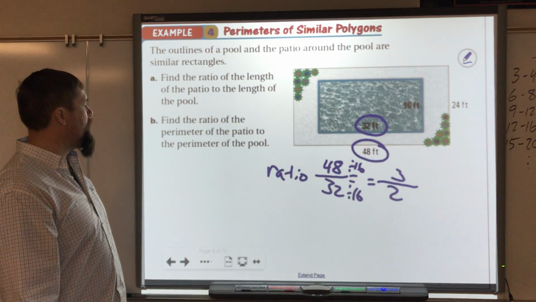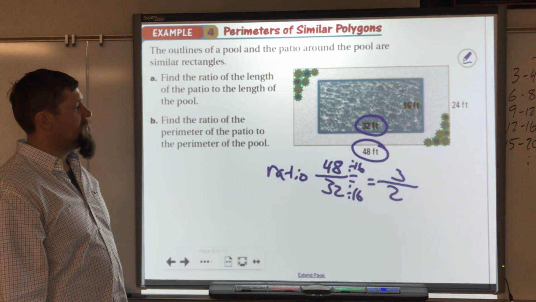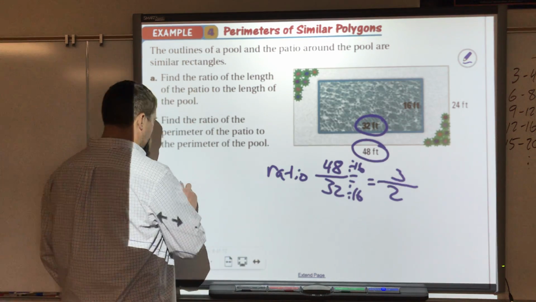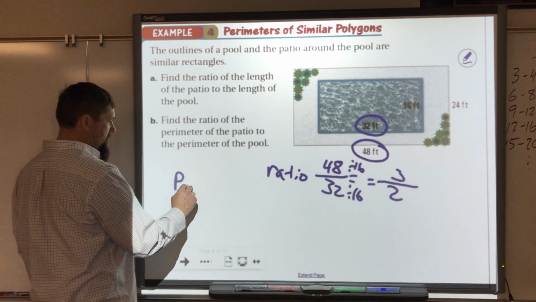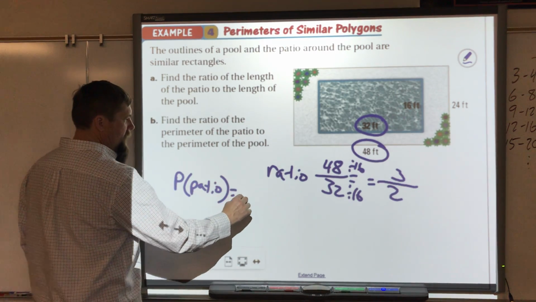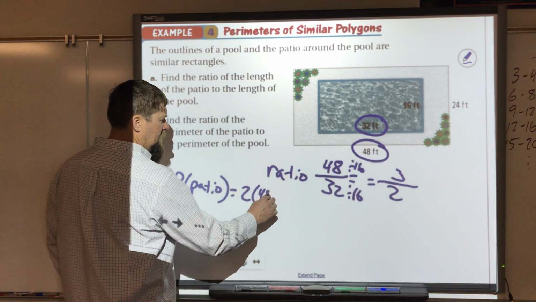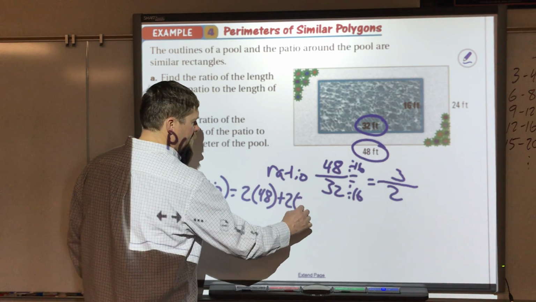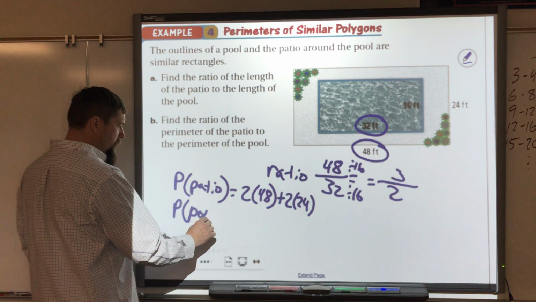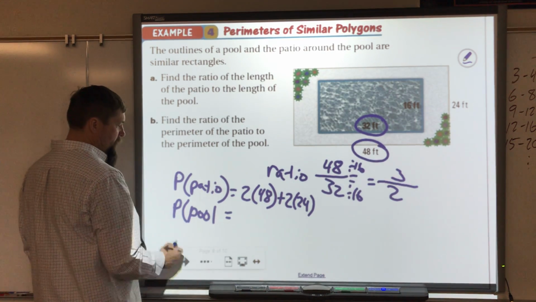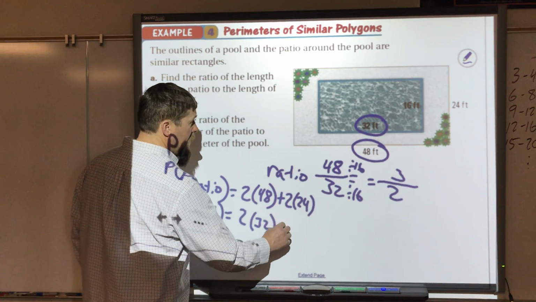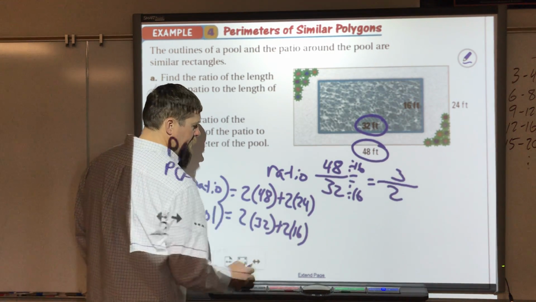Find the ratio of the perimeter. Well, the perimeter of the patio is 2 times 48 plus 2 times 24. The perimeter of the pool is 2 times 32 plus 2 times 16.